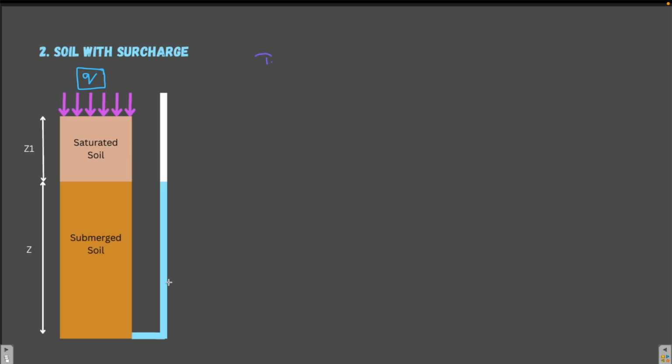So total stress will be due to the surcharge Q, plus the saturated unit weight of the soil, gamma saturated, into Z1, up till this depth Z1, this saturated unit weight of the soil is acting.